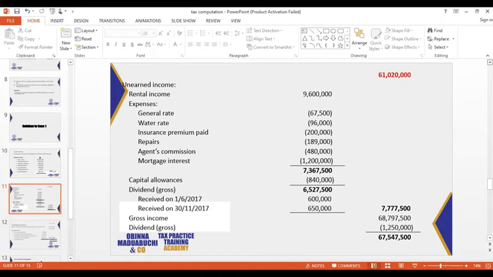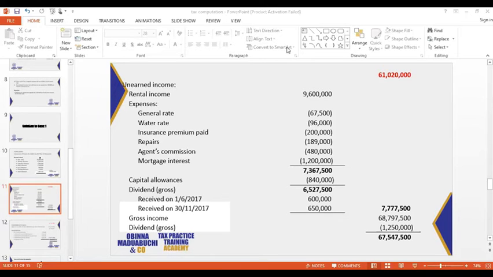Then you are going to less your non-taxable income from your gross income, and you also less tax exempt items. You also less all allowable expenses. You also less capital allowances.